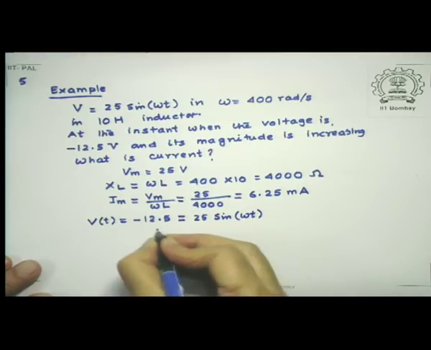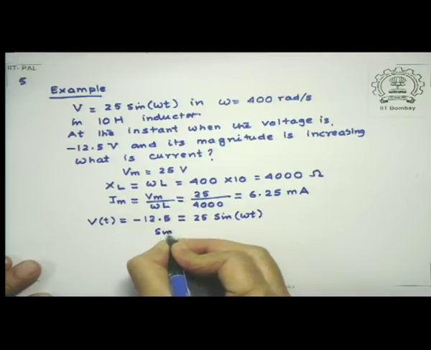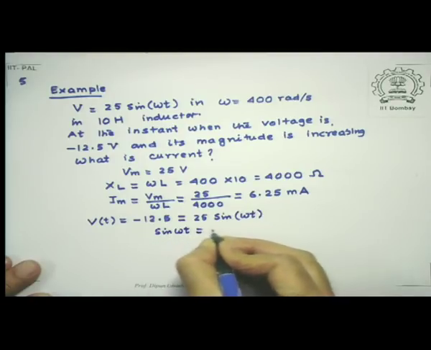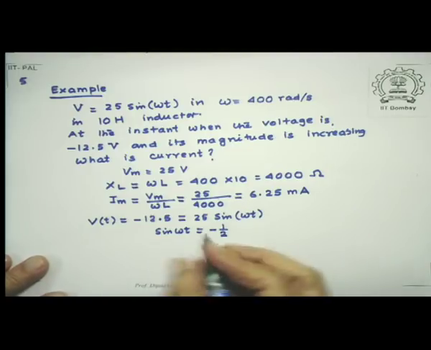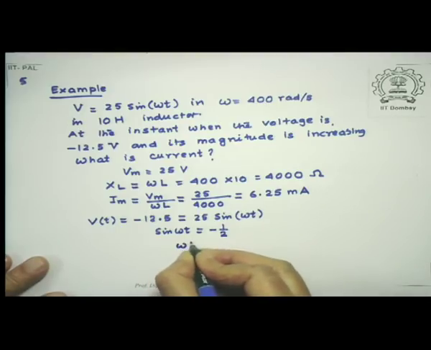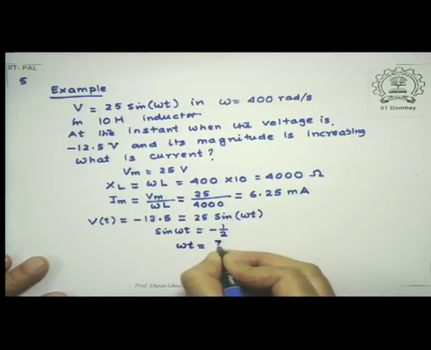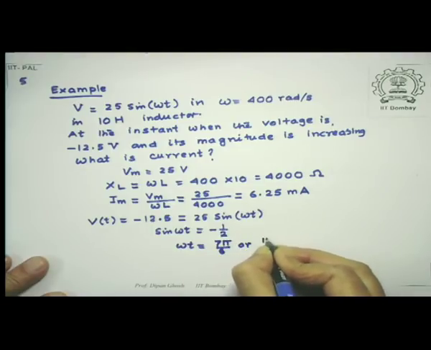So that tells me that sin omega t is minus 12.5 divided by 25, it's equal to minus half. Now my angle omega t varies from 0 to 2 pi. So I know that the sine function becomes negative in the third and the fourth quadrant. So my solution for omega t then happens to be either 7 pi by 6 or 11 pi by 6.